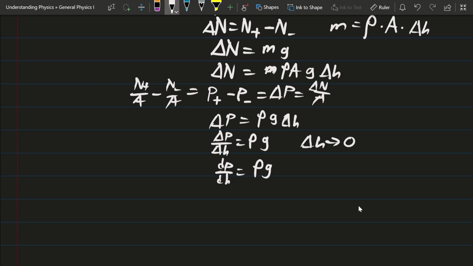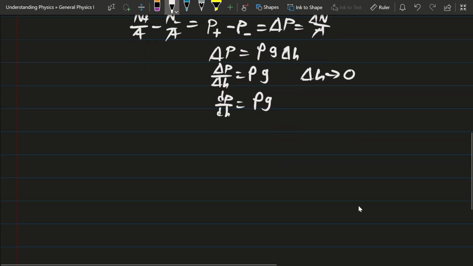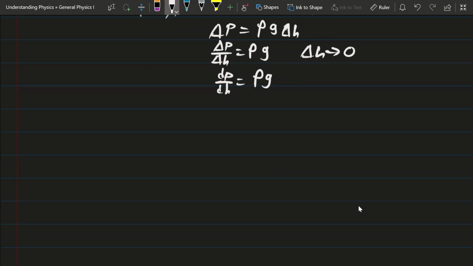So if you do this for a liquid, which means that for liquids, if you get the rho to be constant, you can do the integration to be dP equals rho g dH.